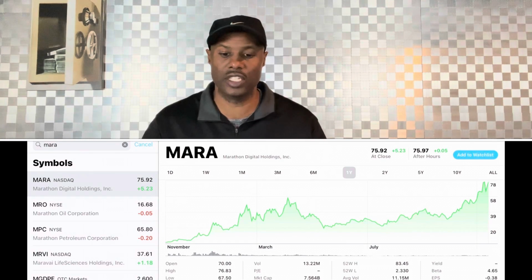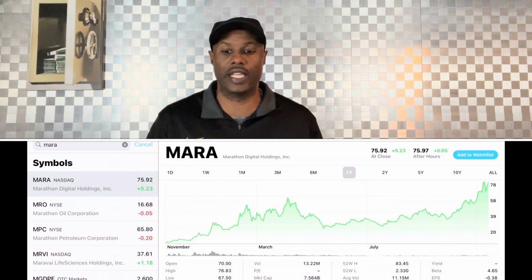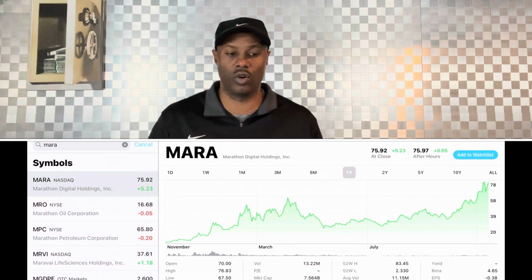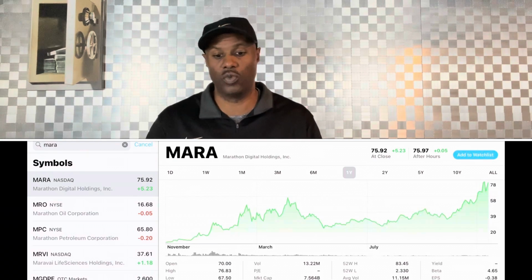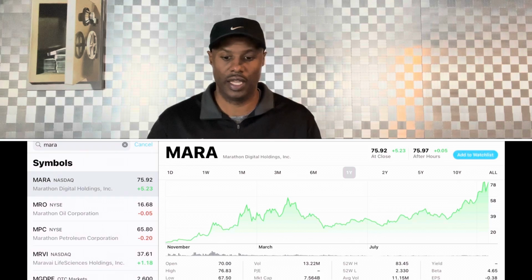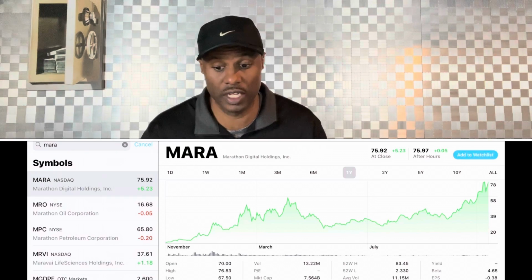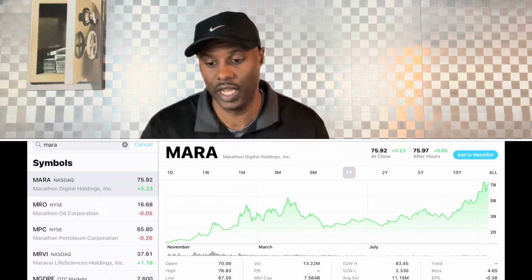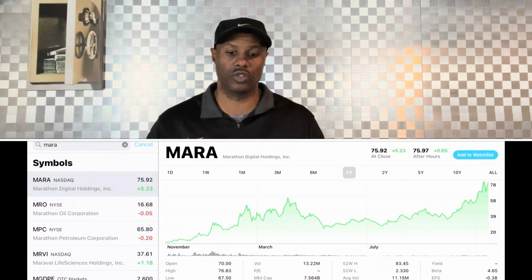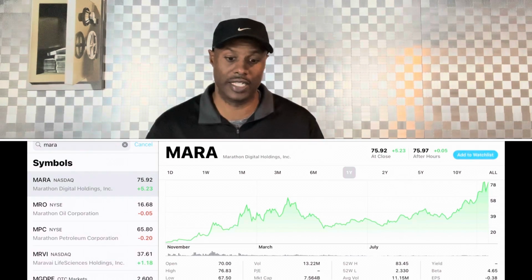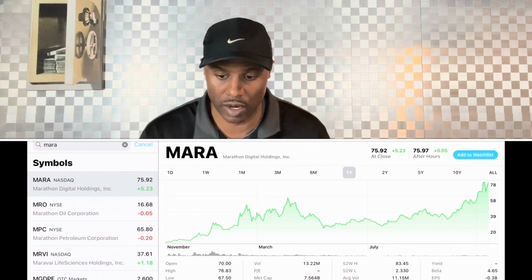But that's one of the ways that I use a call options chart or a stock chart to understand when do I get in and when do I get out. Things that you want to keep in mind when you're looking at a stock chart: if the stock is showing in green, that means that it's an upward trending pattern. If the stock is showing in red, that means that it's a downward trending pattern.